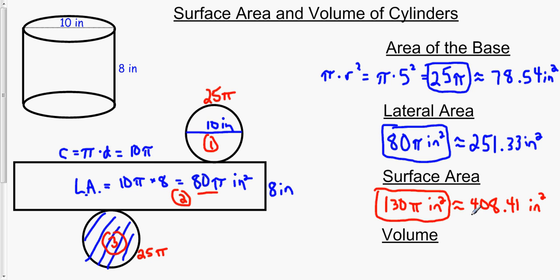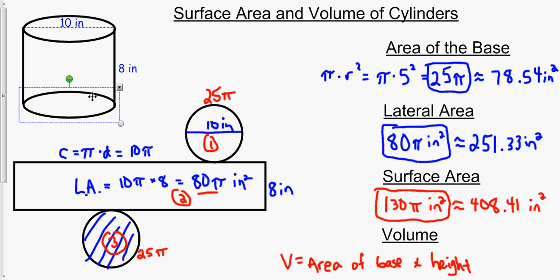And then the volume. The formula for volume is area of the base times the height. It's maybe not super easy to explain, but essentially what you should think is you have a bunch of these slices.